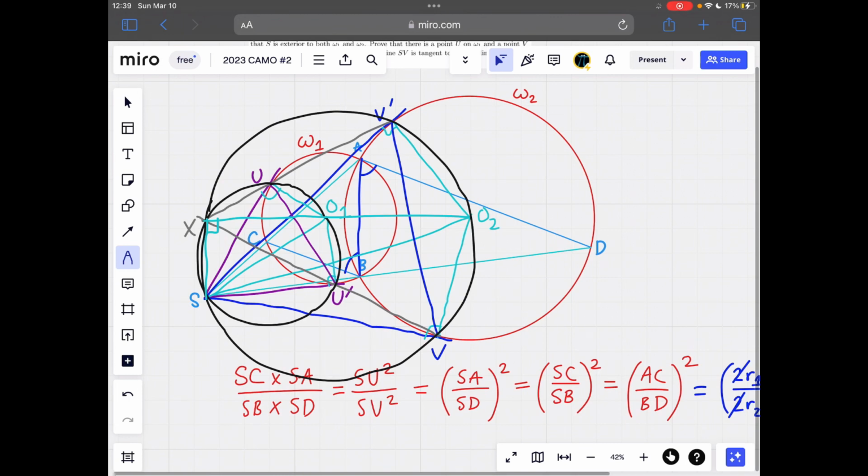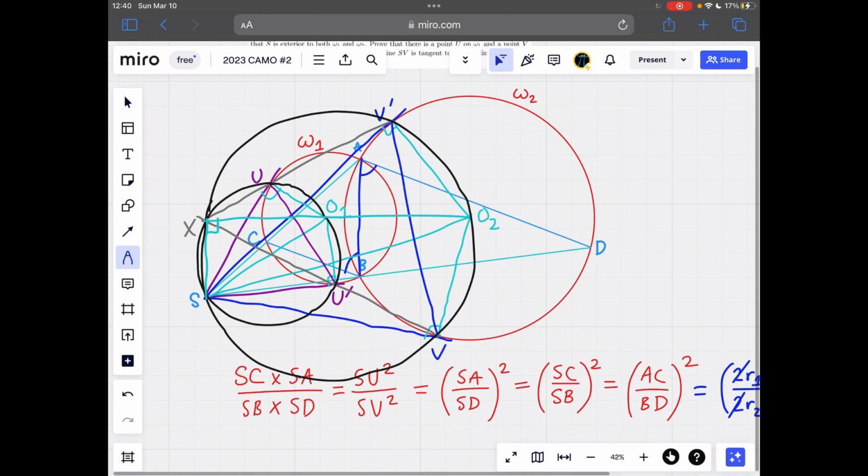And if you look at the diagram for a few more seconds, you might notice something else. Now, given that X, O1 and O2 are collinear, looking at point O2, we notice that V prime and V both lie on the circle with diameter SO2, and they're both equidistant from point O2 because they're both radii of omega 2.